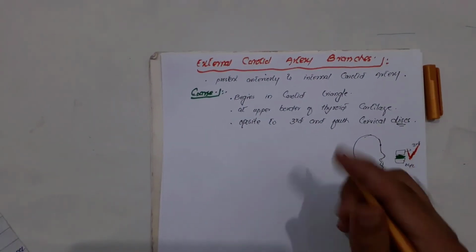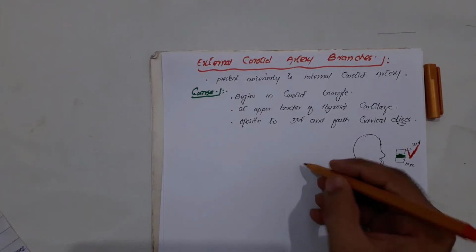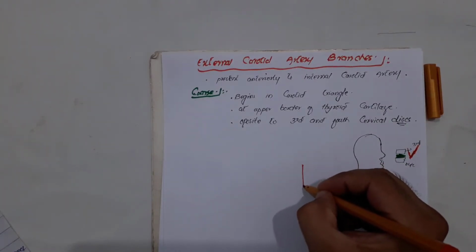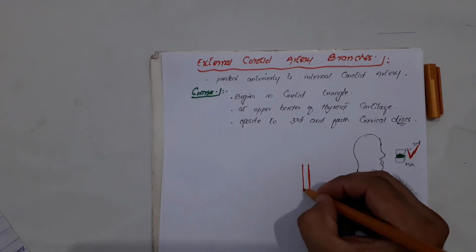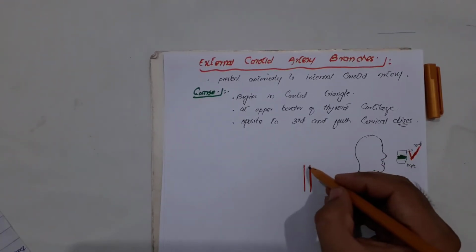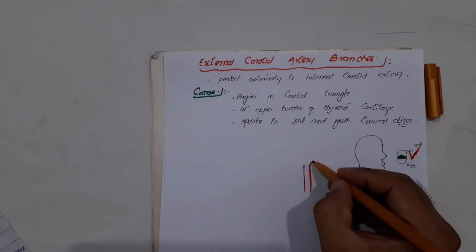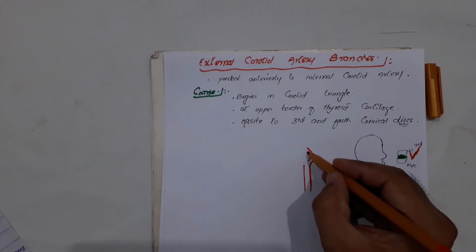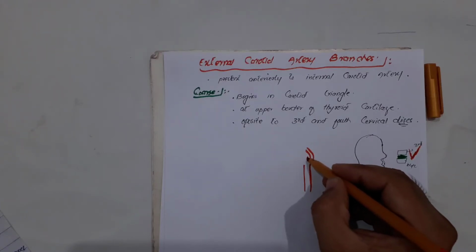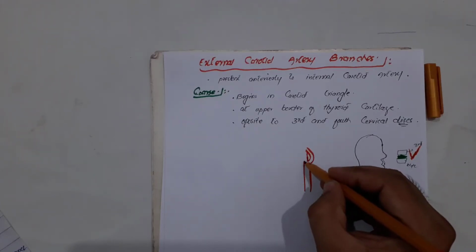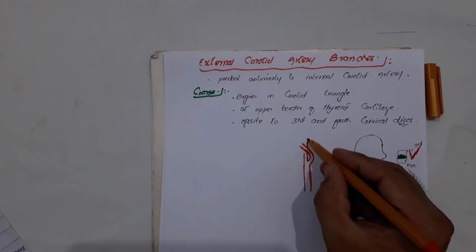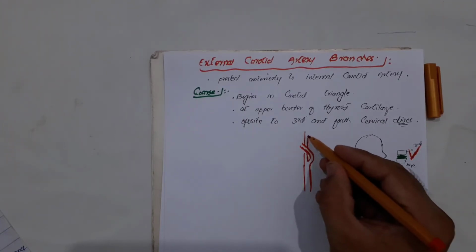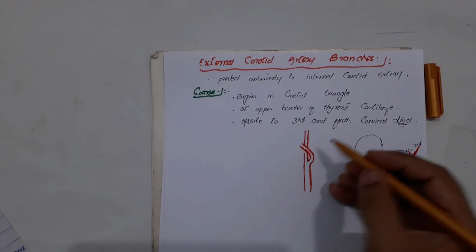Very good. It is like this. Look carefully. This is the common carotid artery, right? Now this common carotid artery will give a branch like this. Clear? Moving further, this is the external and this will become the internal carotid artery.